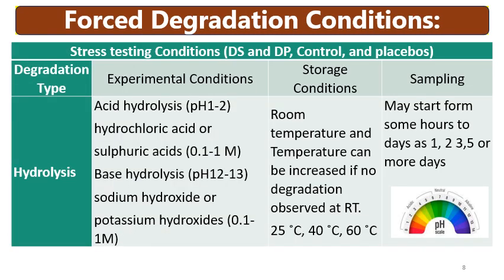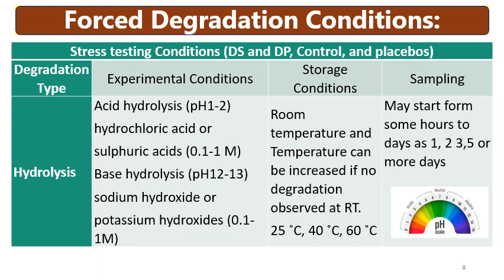Then the stress conditions are there like hydrolysis, which may be by acid or base, and in the experiment of hydrolysis the acid is used and the base is used and the pH is changed so that the effect of the acid and base can be studied.